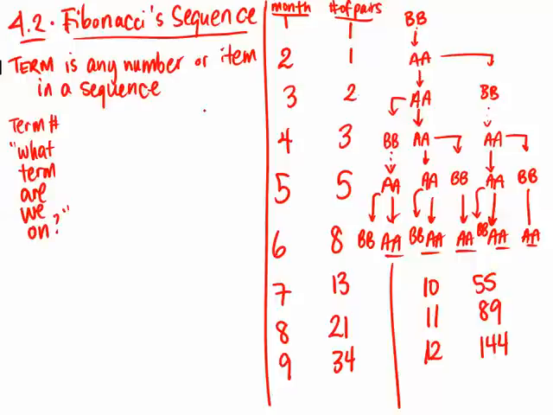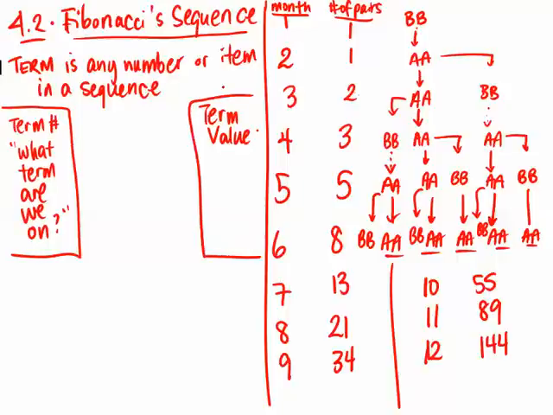And the term value, and you could just fill this in on the boxes that are on the side of your page. Term value means what value is that term.